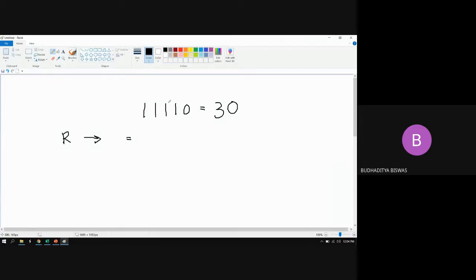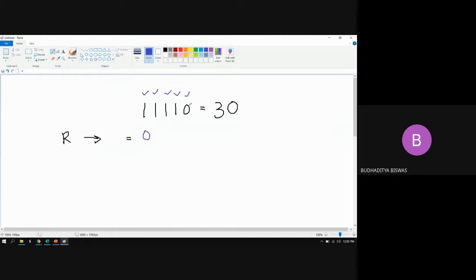Just shift it to the right. No, the first bit should be filled up by 0 because there are total 5 bits, 5 positions: 1, 2, 3, 4 and 5.